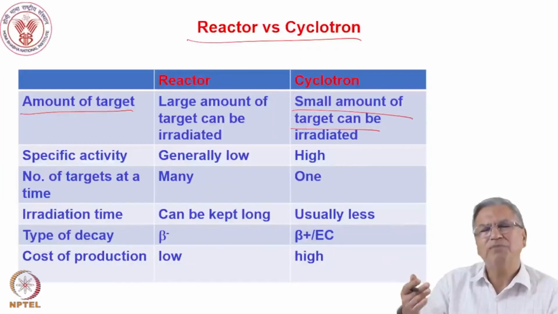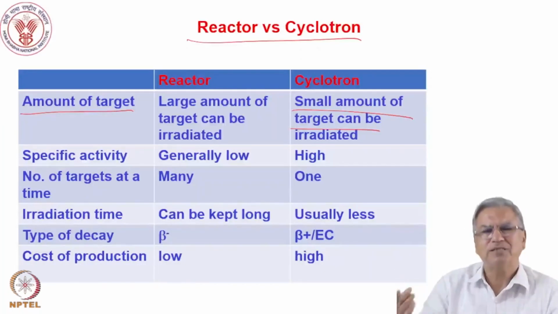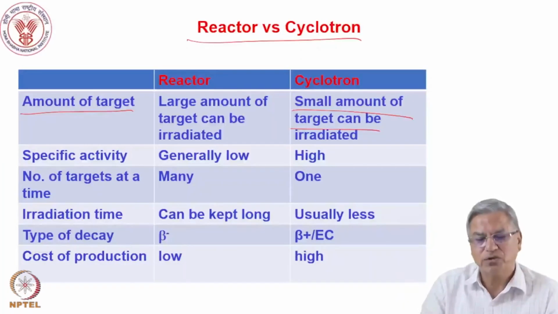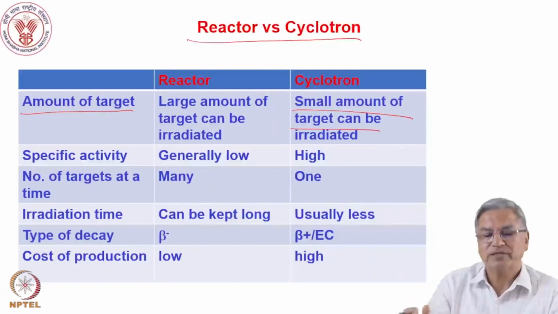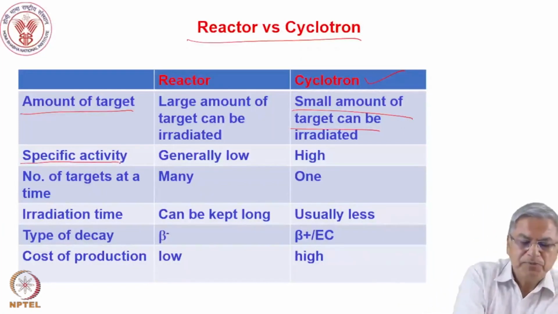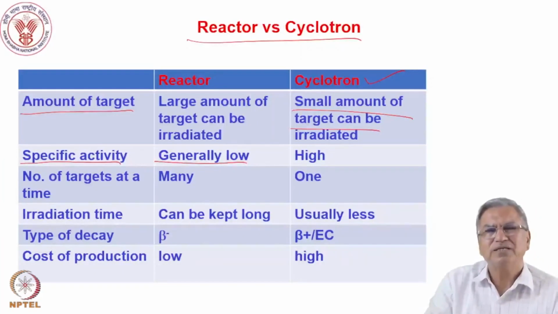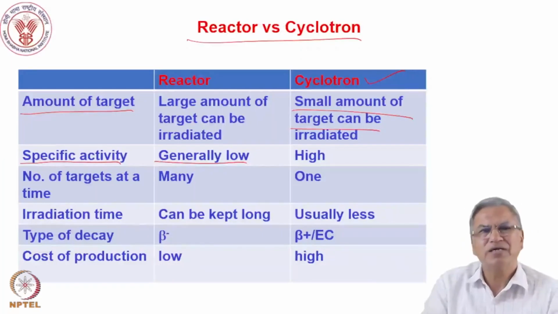I am saying cyclotron as representative of an accelerator, but most of the time radioisotope production by charged particles is done in cyclotrons. I'm comparing reactor and cyclotron, but this is also valid for any charged particle accelerator. The specific activity is generally low in reactor neutron irradiation, particularly when the target material is irradiated and, by the (n,gamma) reaction, you get an isotope of the same element.